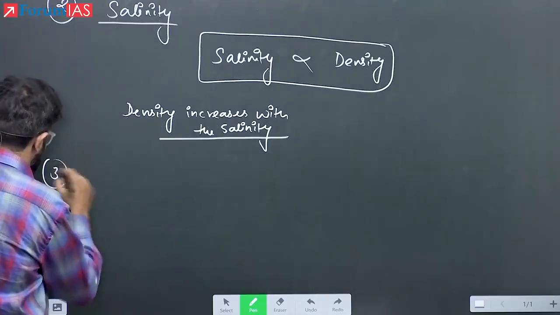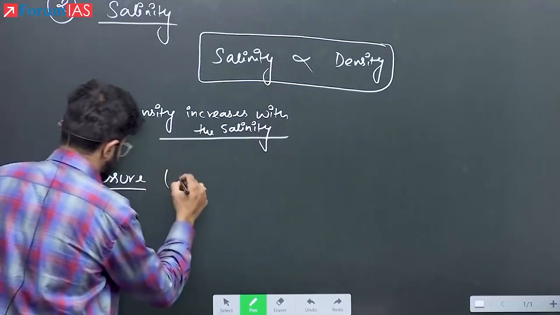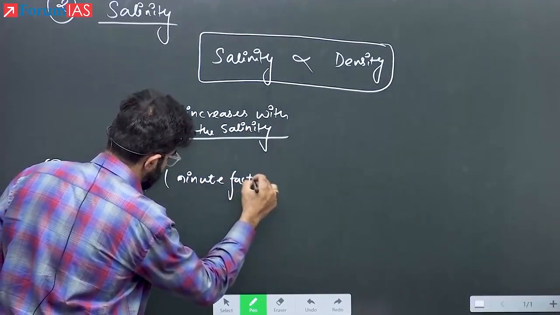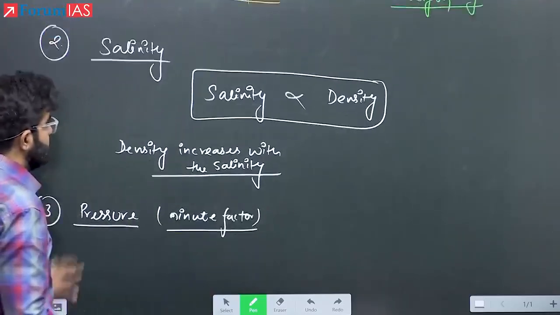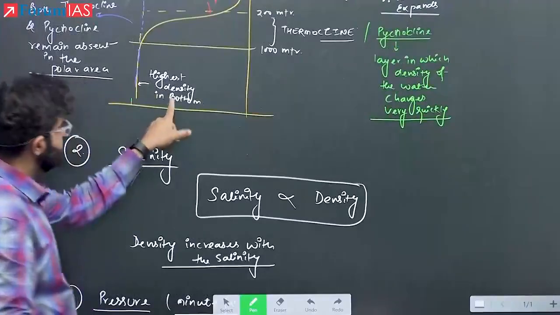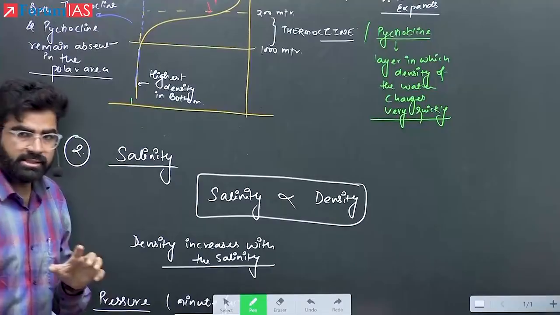The third is pressure. It is a minute factor. Now see here, pressure. We have already learned the highest density water is found in the bottom. Why is the density maximum?